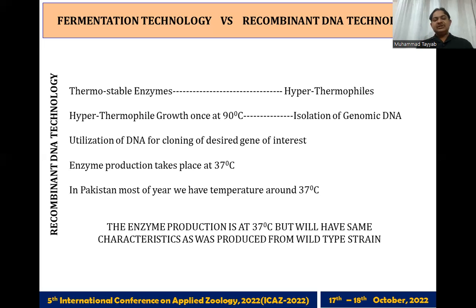So enzyme production is going on at 37 degrees Celsius in case of recombinant DNA technology, but the produced enzyme will have the same characteristics as was produced by the wild type strain. So this means recombinant DNA technology is most appropriate and suitable for the production of larger quantities of enzymes.